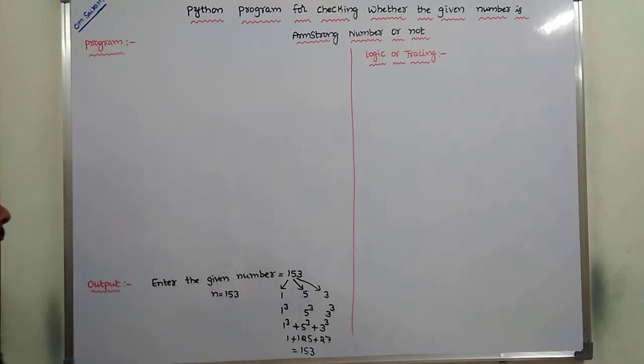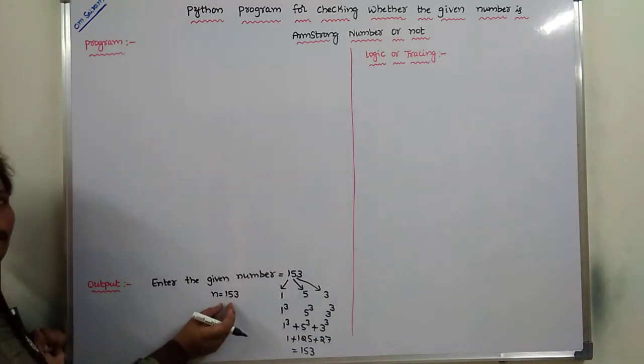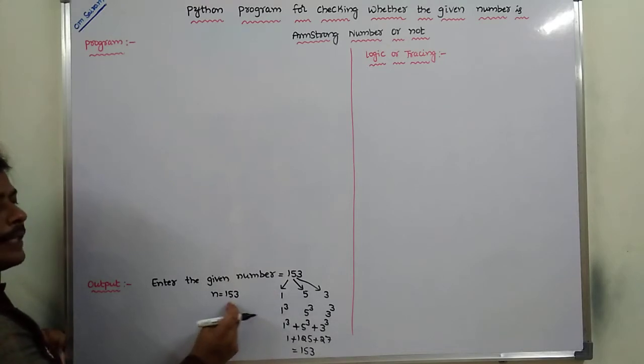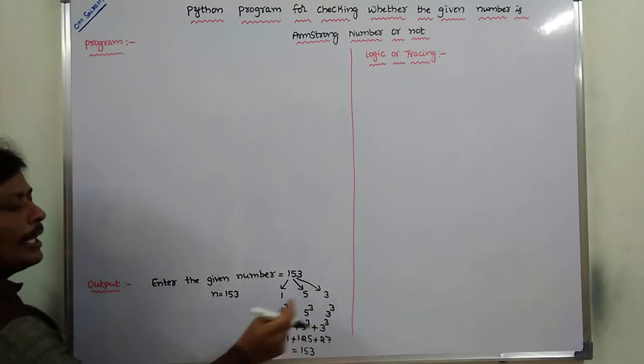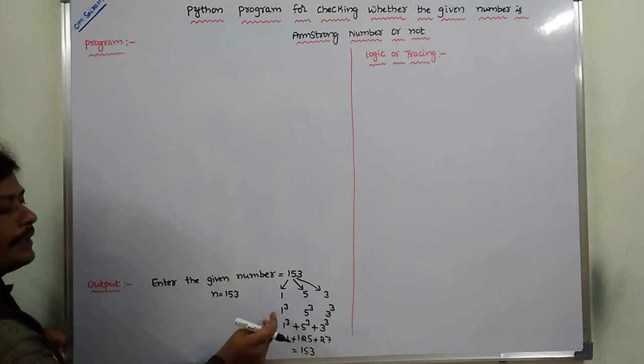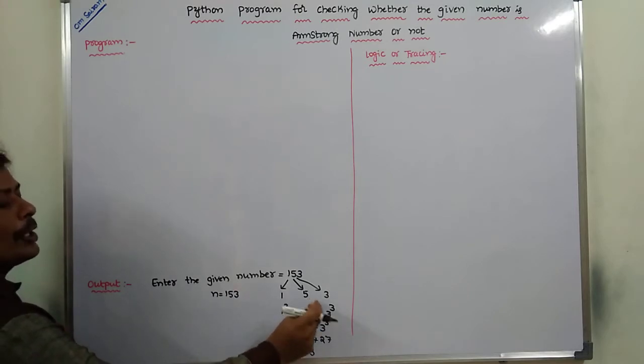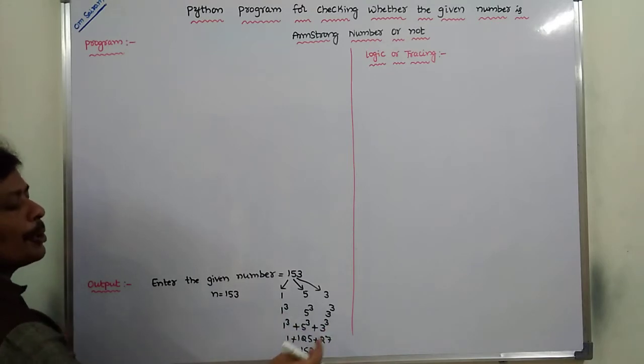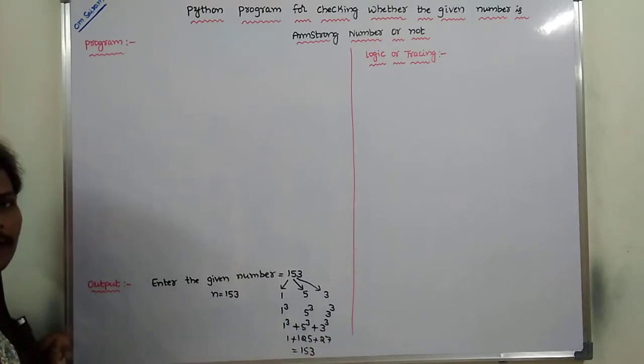Okay, so now the given number is 153. What are the digits in 153? 1, 5, 3. We are cubing each and every digit: 1 cube, 5 cube, 3 cube. After cubing, we are adding: 1 cube plus 5 cube plus 3 cube is equal to 153.